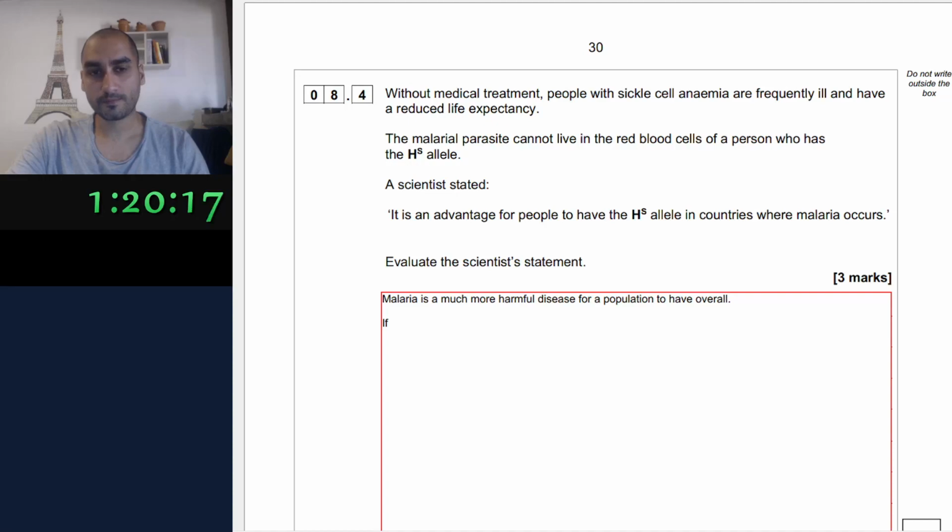If a person has the sickle cell trait, this protects them against malaria, which is good, which is beneficial.